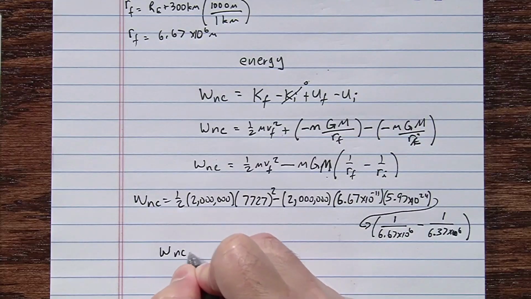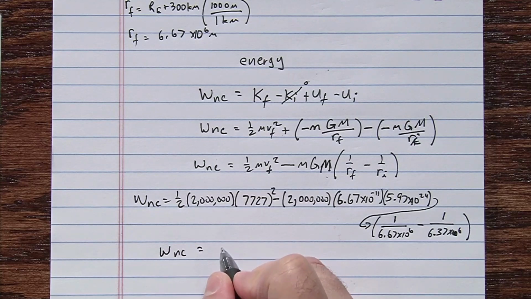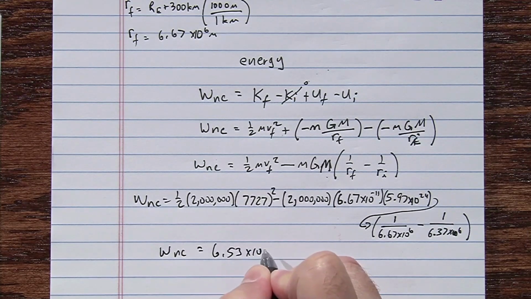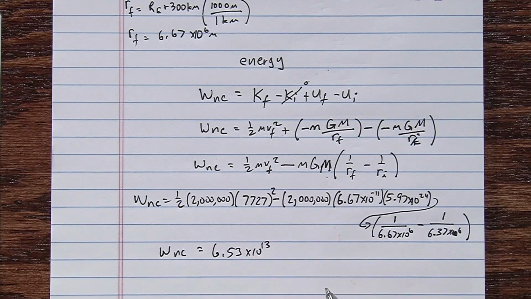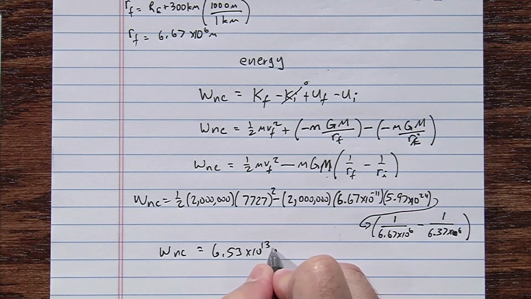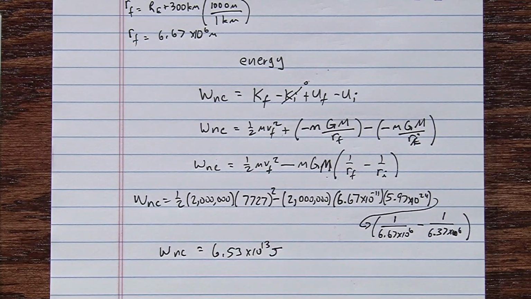So work non-conservative is equal to 6.53 times 10 to the 13 basic metric units of energy, which are joules. So that is the non-conservative work that must be done in order to launch the space shuttle.